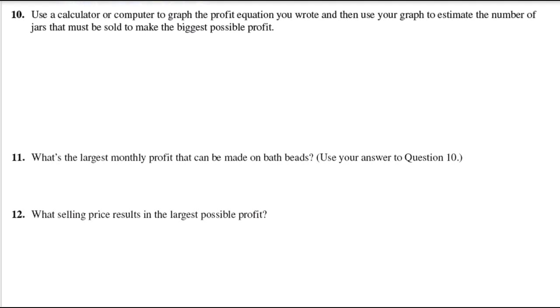Estimate the number of jars that must be sold to make the biggest profit. 400 is a reasonable estimate. Anything close to that is going to be fine in terms of an estimate. We're just trying to get an idea right now. Go on to question 11 and restart the video once you're done with question 11.